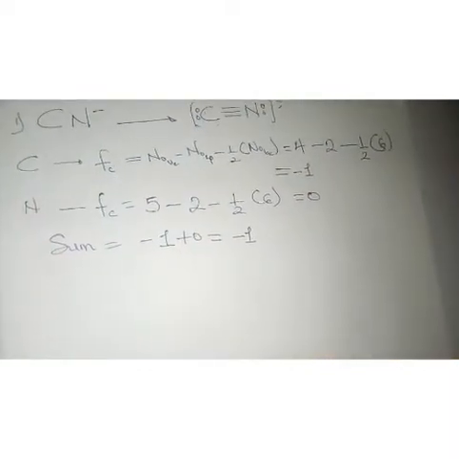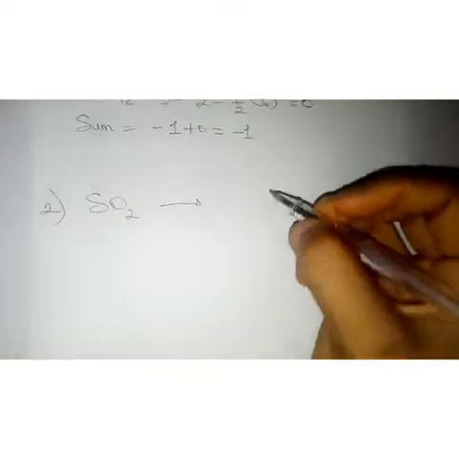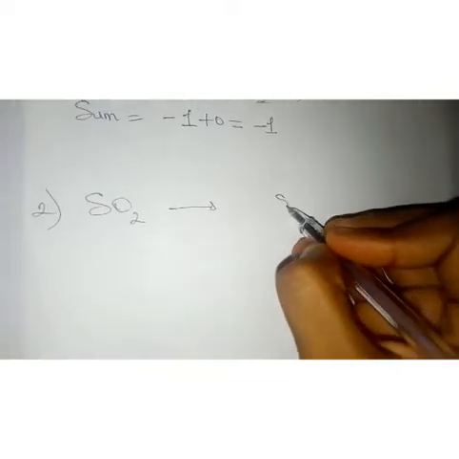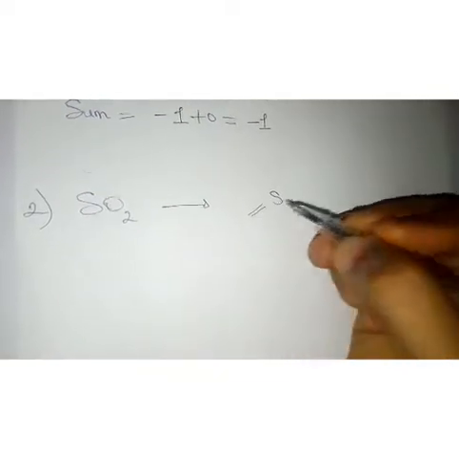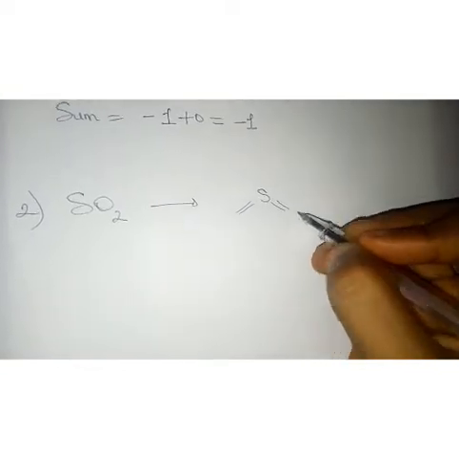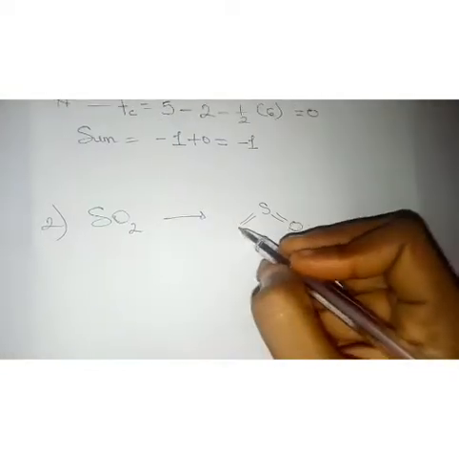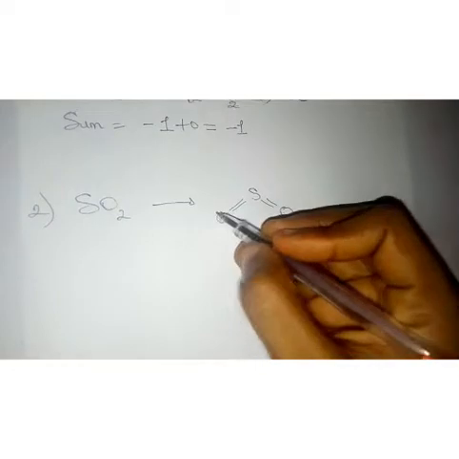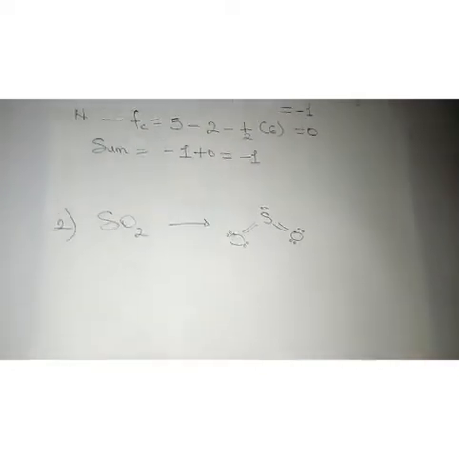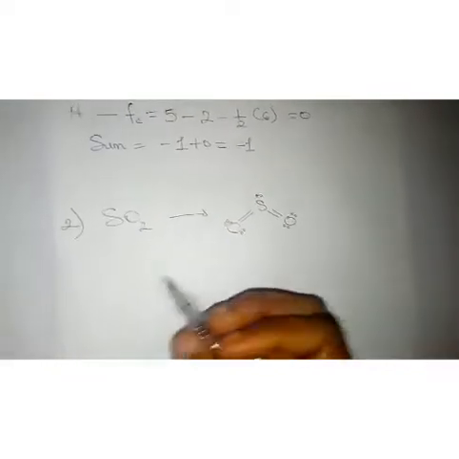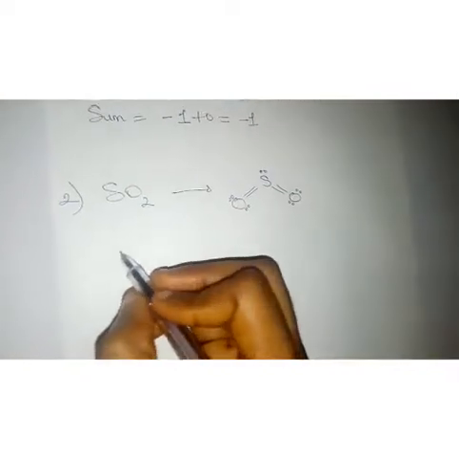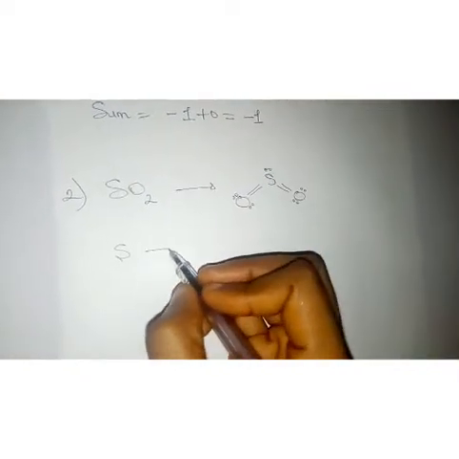Now let's look at the next example. This is SO2. So this is the Lewis structure of SO2. Following the same formula, let's calculate the formal charge for sulfur.